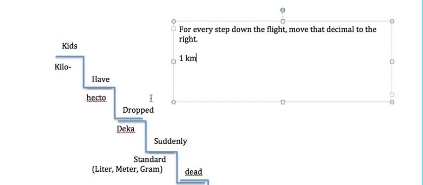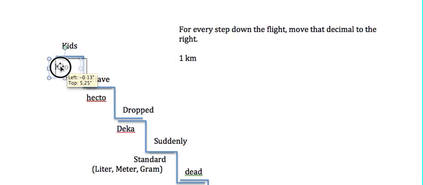So if I start with 1 kilometer and I go over here, here's my kilo, it's the top stair. I'm going to go from kids. That's 1, 2, 3.